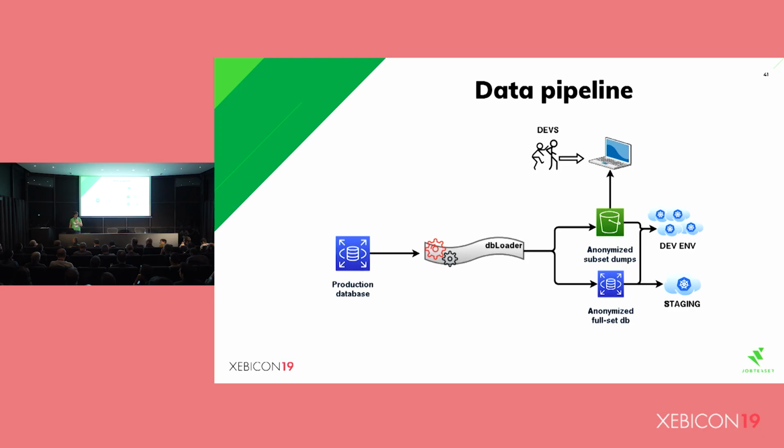Mostly it's because we want to have a full-set database available for staging. So our staging database is exactly the same size as production, with the same amount of data. We need this because our application is a monolith with, I would say, 8 years of code.